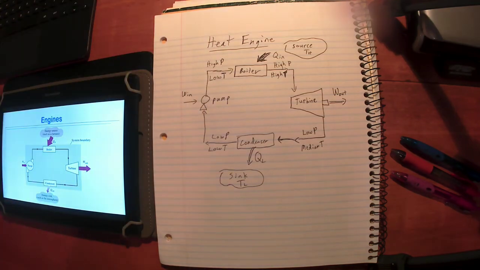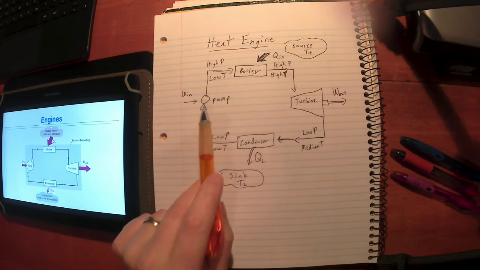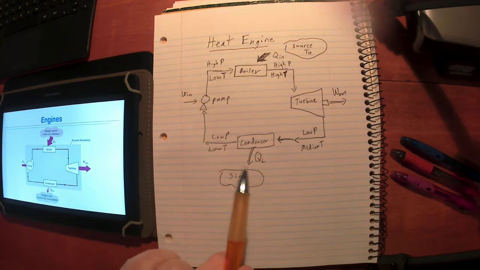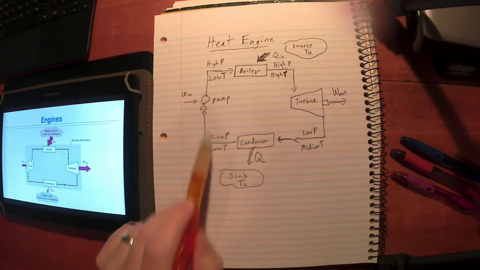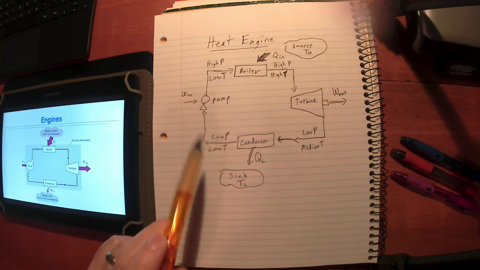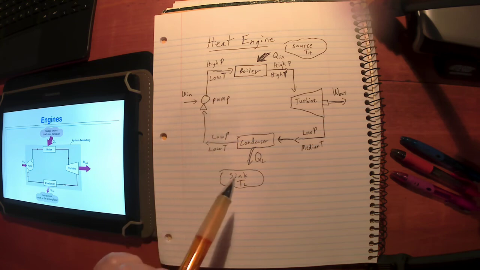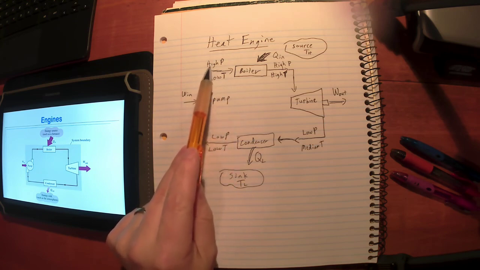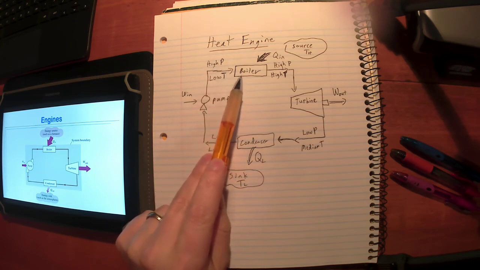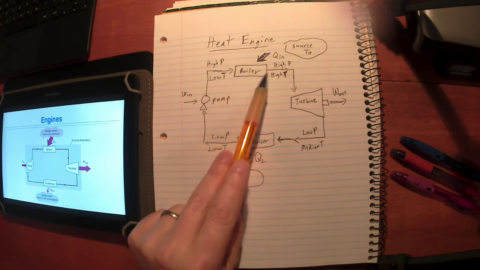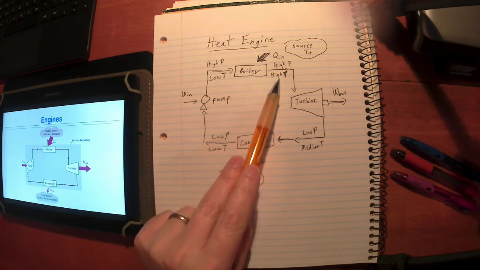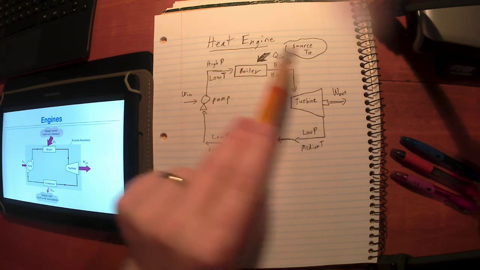If it does, I've probably got a problem in my pump. So it's going to go in low temperature, come out low temperature. The goal of the pump is to increase the pressure between the condenser and the boiler. Get a very high pressure here, so if I put high pressure liquid water in the boiler, allow it to boil off, it'll come out high pressure, high temperature steam, and the process repeats.